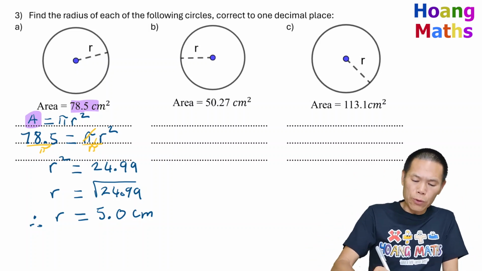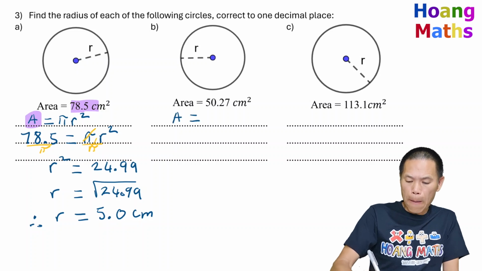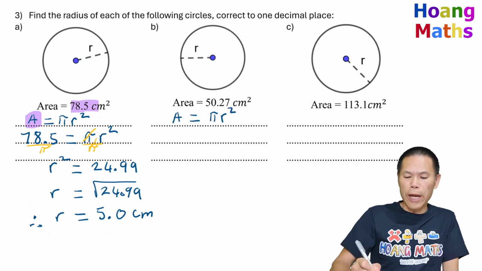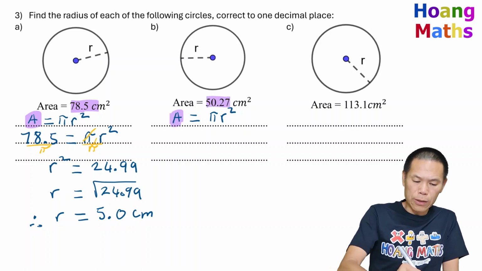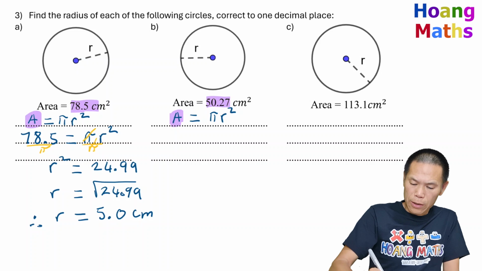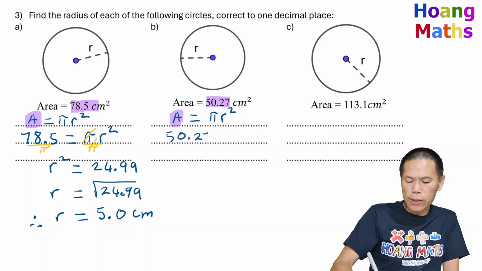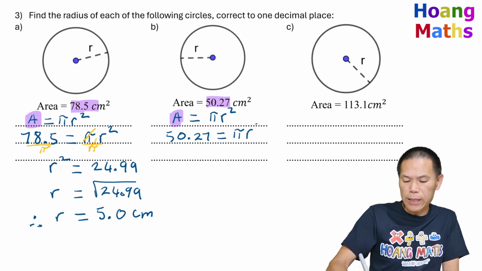So first of all, the area of a circle, A, is pi r squared. And the area A is this. This is A. So we just substitute that number in. So 50.27 equals pi times the radius squared.